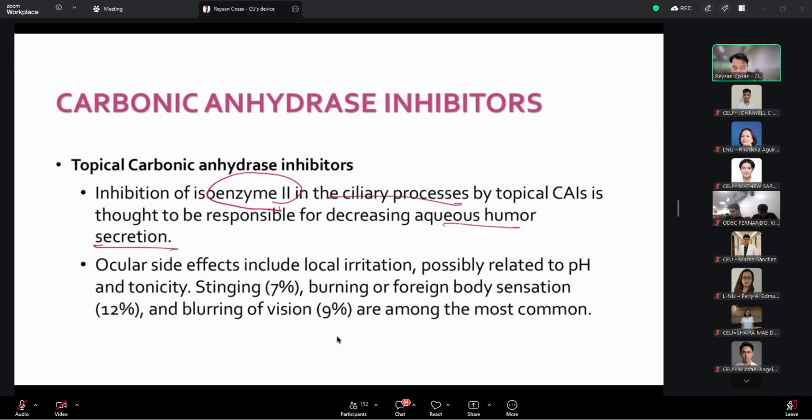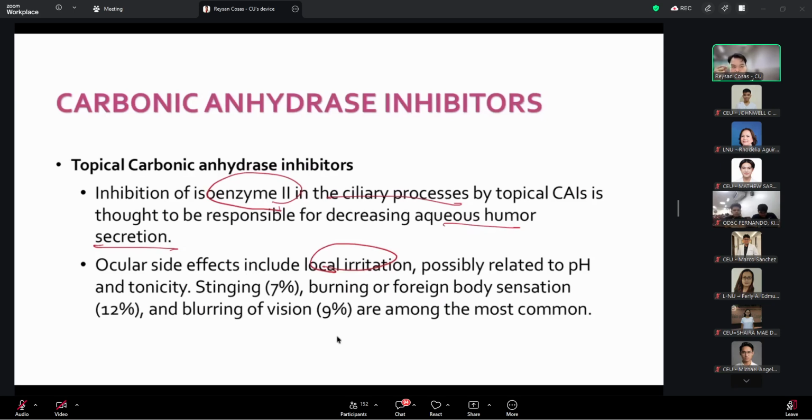Okay? So, ano po yung mga side effects nila? Ocular side effects include, of course, local irritation. Okay, so yung local irritation, it could be due to like pH or tonicity.